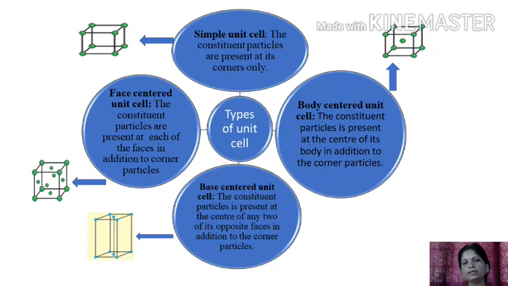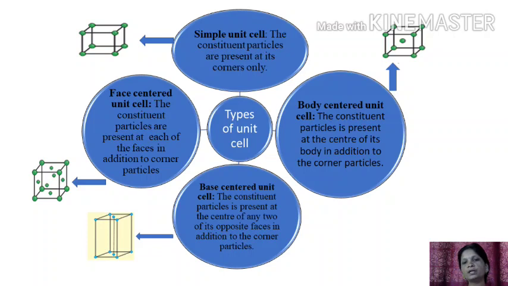The third one is the face-centered unit cell. The constituent particles are present at each of the faces in addition to corner particles. See the figure, where very clearly there are 6 faces, so 6 points are there, and additionally corner particles. And the last is the base-centered unit cell.